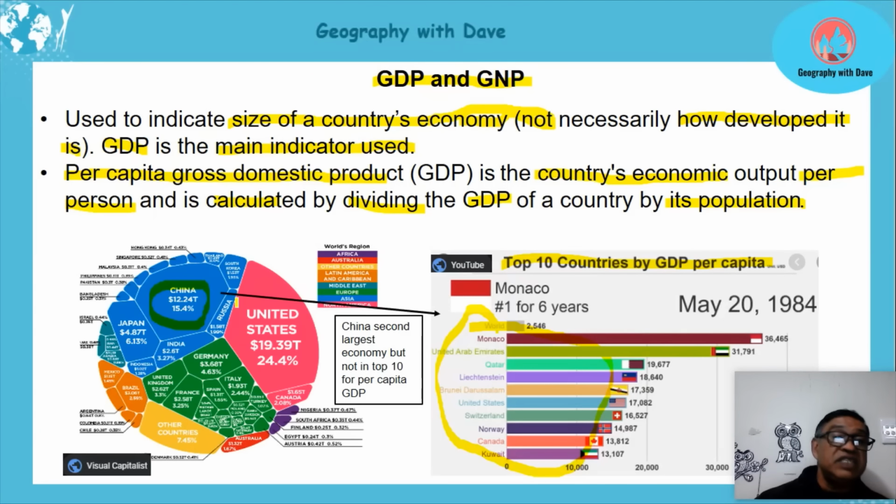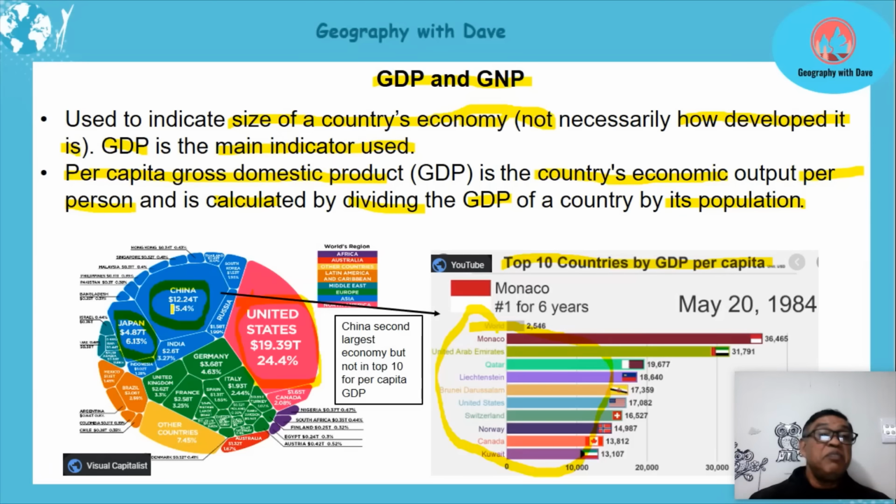I've got another example here. You take the United States, all right, and it makes 19.39 billion. Or for instance, let's take something like Japan, which is a better example, 4.87 trillion in terms of GDP dollars. I do apologize for that. So it's much smaller in terms of the GDP.